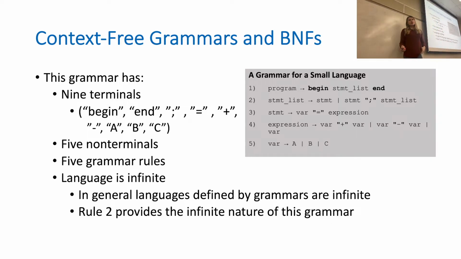Now this language is infinite, actually. This is one of those places where infinity is weird. There's not many things you can say, but it's infinite because of rule 2. Because a statement list can break down into a statement list, right? And so if a statement list can break down to a statement list, it could theoretically do this forever, an infinite number of times. So technically that makes this grammar infinite.